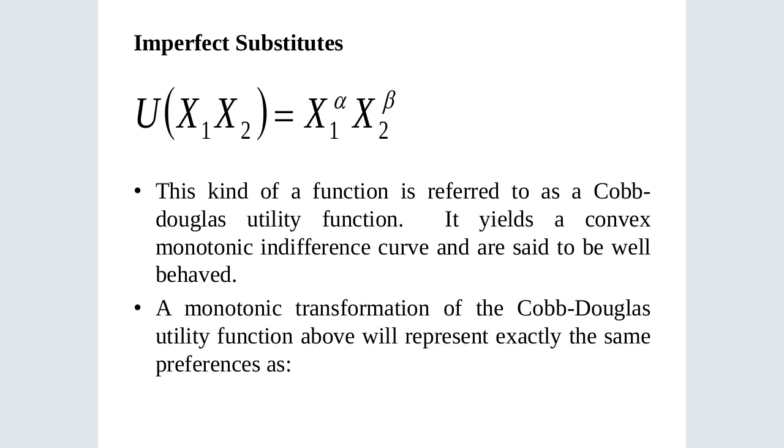It yields a constant monotonic indifference curve and is said to be well behaved. A monotonic transformation of the Cobb-Douglas utility function indicated above will be represented by convex indifference curves.